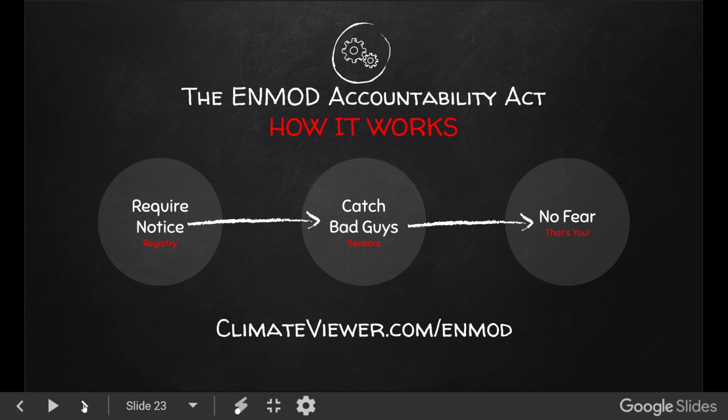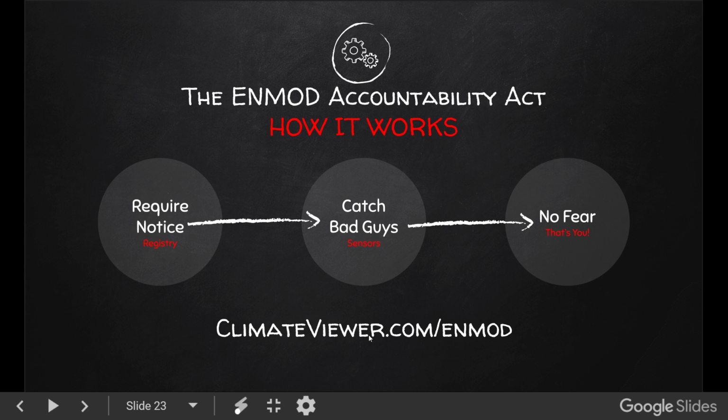And how it works: require notice up front with the International Registry, catch bad guys with sensors, no fear if that's not you. That's the entire Environmental Modification Accountability Act in a nutshell.